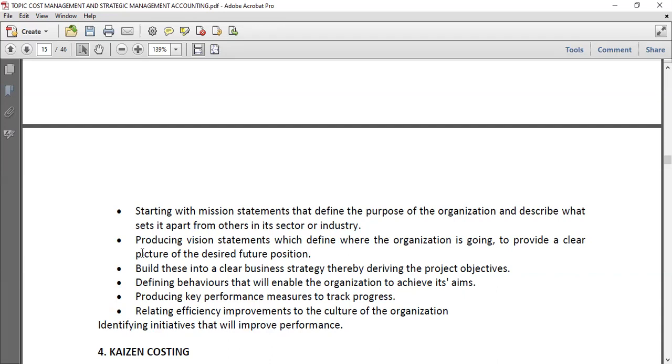Then we go ahead to producing the vision statements, which define where the organization is going, and provide a clear picture of the desired future position. Now, we want to make sure that we are not restructuring, laying off staff, or changing things in a way that conflicts with our mission or with our vision where we are going. That is why it's very key that you start with, what is my direction?